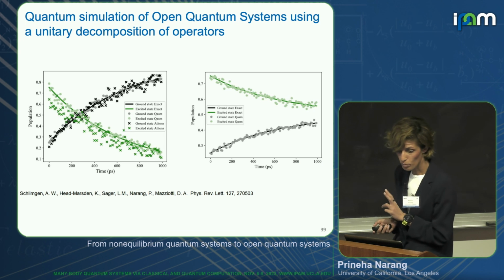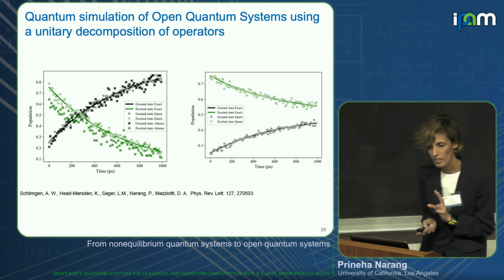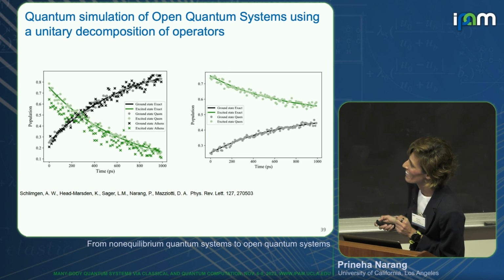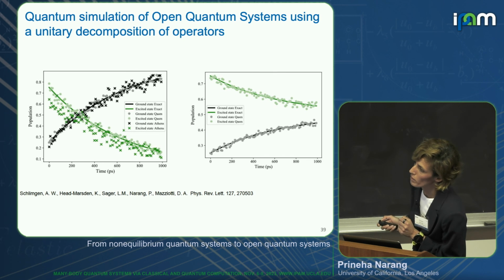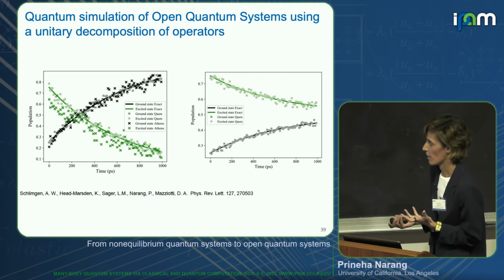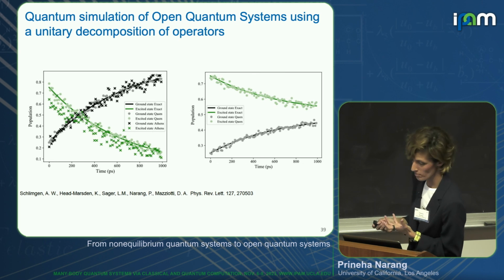So there are 2 plots I'm going to show you here. Anything that has these jagged kind of dots, these are on actual devices. This is the Athens device. The circles are the QASM simulator. And then, of course, since we picked a system where we have an exact answer so that we can actually benchmark this, are shown in solid lines.